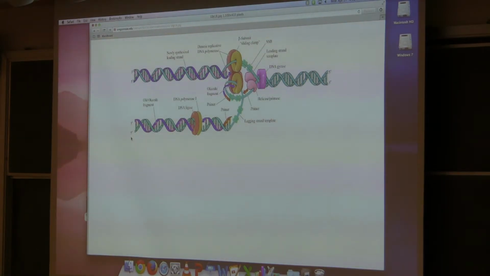We have to tie those gaps together, and we tie those gaps together with an enzyme called DNA ligase. DNA ligase joins the gaps. It joins fragments of DNA together covalently. DNA ligase will create phosphodiester bonds. That's how it's joining those pieces together.